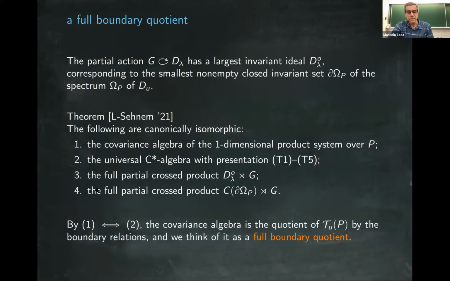And similarly, you can replace d lambda 0 by continuous functions on its spectrum. So because of the equivalence between 2 and 1, this covariance algebra is the quotient of TU by the boundary relations for proper foundation sets. And we think of them as a full boundary quotient.